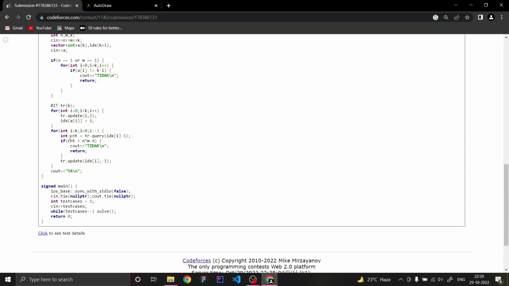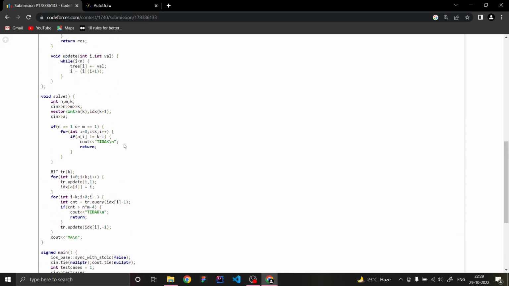Let's say the count is cnt, and if that count is greater than n into m minus 4, why? I have taken n into m minus 4 because there are two cells, 1, 1 and n, m, that we are not including in our movement, and besides these two cells we need two empty cells to make a movement of the card from 1, 1 to n, m.